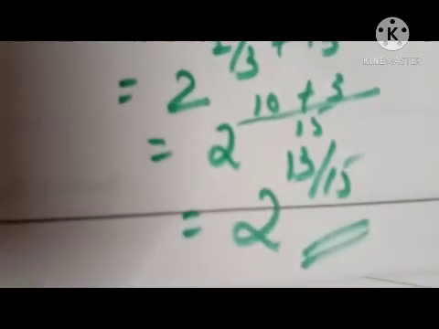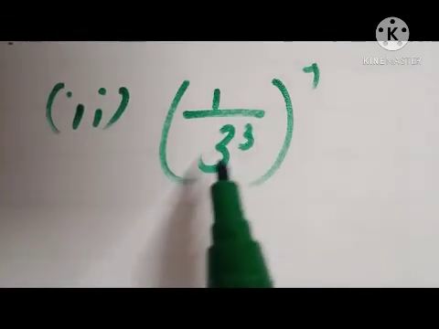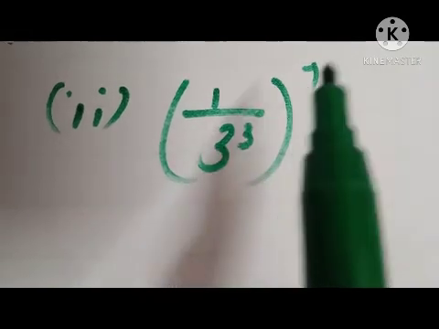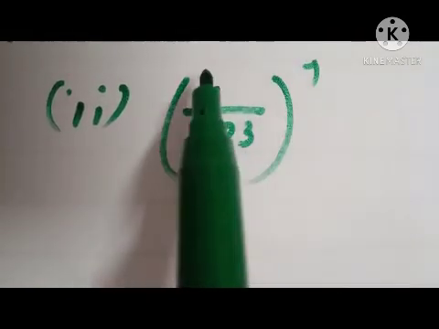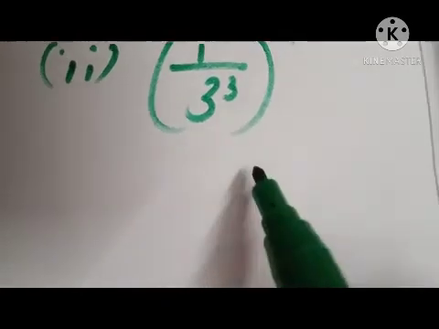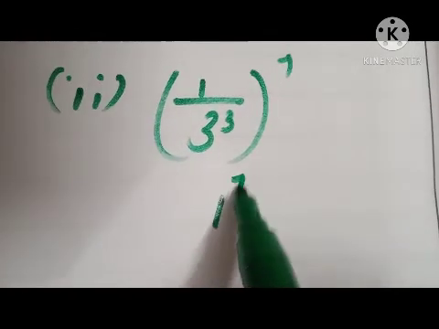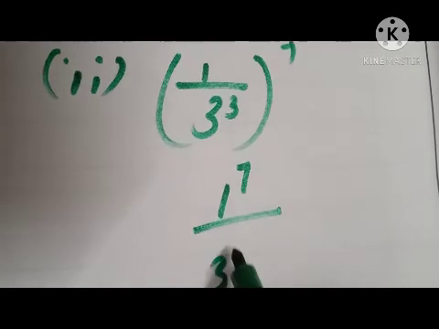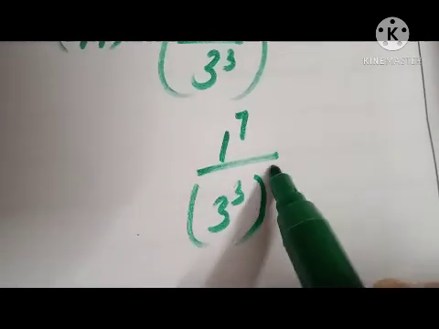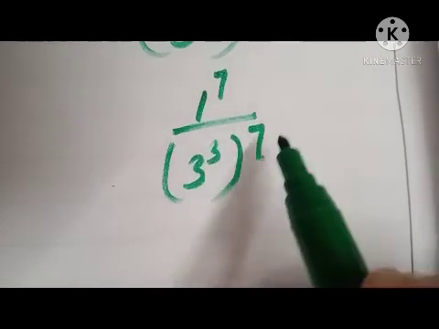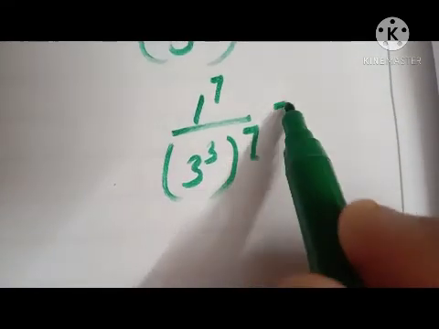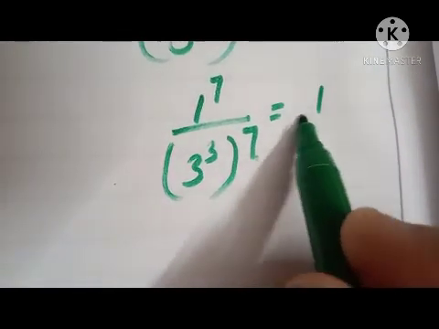Okay. Sub question is 1 by 3 raised to 3 whole raised to 7. First we have to give this 7 to the numerator and the denominator. Then we will get 1 raised to 7 by 3 raised to 3 whole raised to 7. 1 raised to any number will be 1 itself.